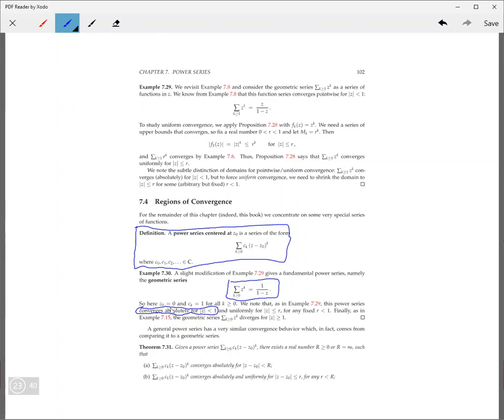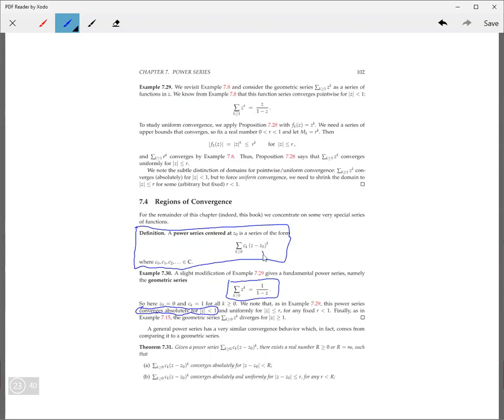It converges absolutely there. It doesn't converge uniformly on modulus of z less than 1. But if you take a number smaller than 1, between 0 and 1, then it's going to converge uniformly on that. Okay, and the argument is similar to what we just did. Now, the interesting thing is that where it converges is typically going to be a disk.